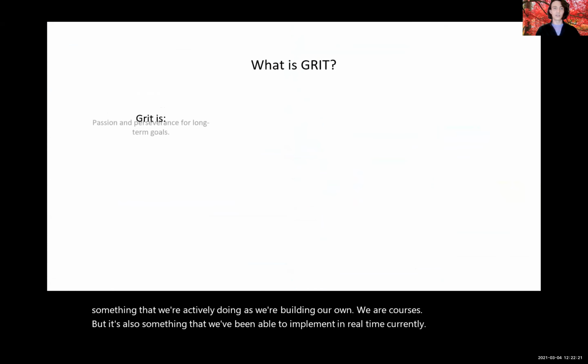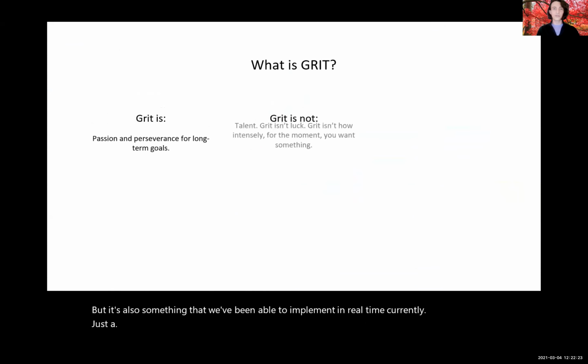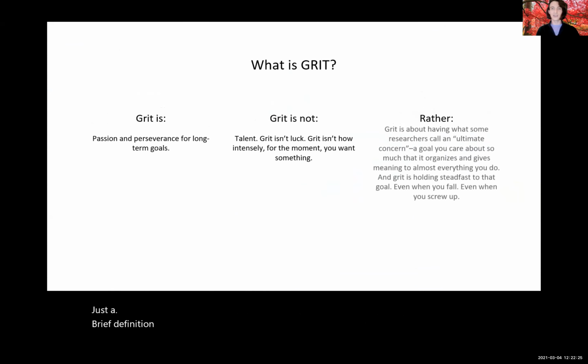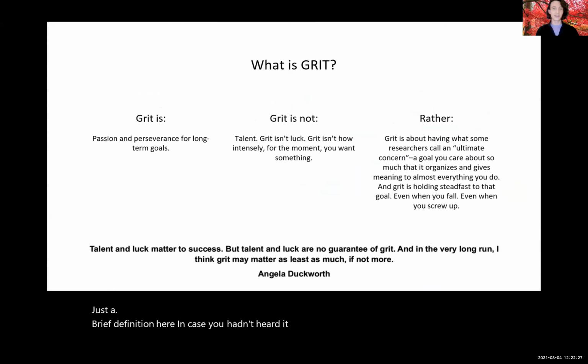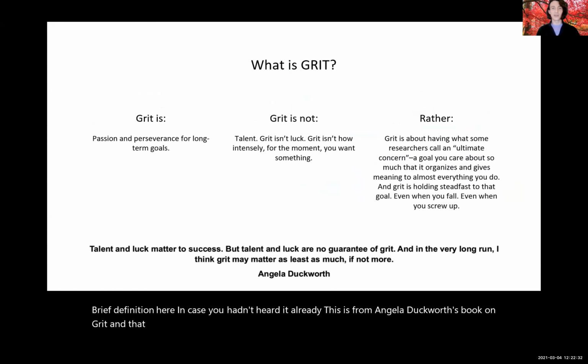So just a brief definition here, in case you hadn't heard it already. This is from Angela Duckworth's book on grit. Grit is passion and perseverance towards long-term goals, and it's not talent. So for sake of time, I'll sum this up briefly.